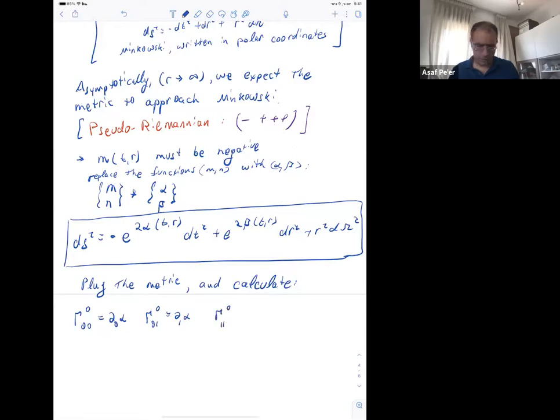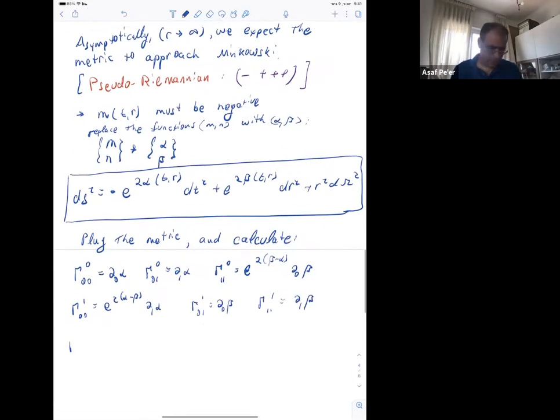Gamma 011 is just e to the power 2 beta minus alpha D0 beta. Gamma 100 is just e to the power 2 alpha minus beta D1 alpha. Gamma 101 is just D0 beta. Gamma 111 is just D1 beta. Gamma 212 is just 1 over R. Gamma 122 is just minus R e to the minus 2 beta.